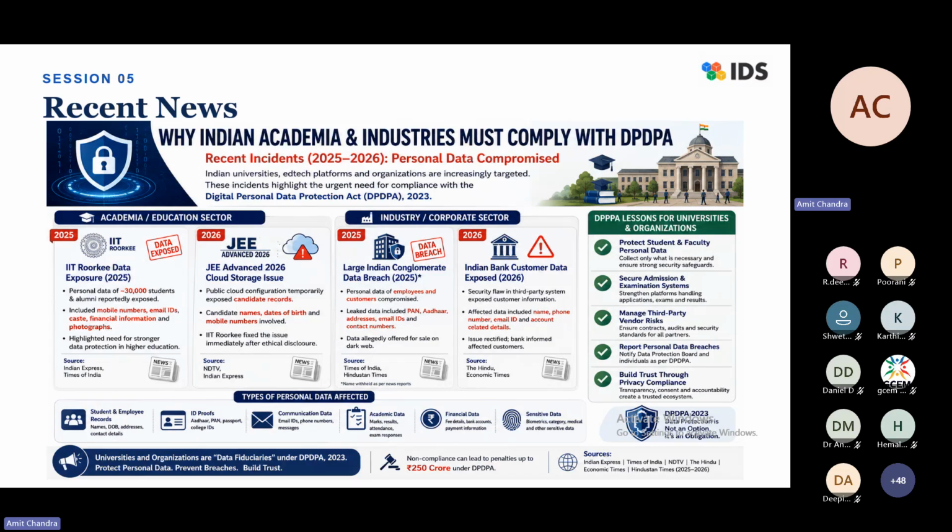This is indicative information taken from a few sources. There was also the JEE Advanced 2006 large Indian data breach, and an Indian bank customer data breach, where customer or candidate details were affected and used by hackers for their personal use.